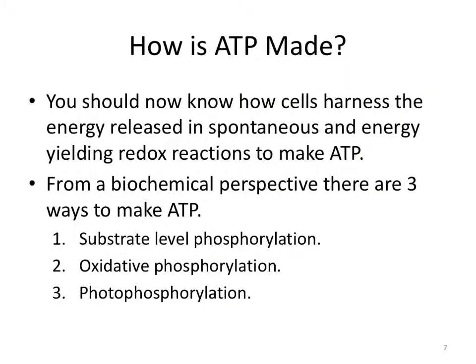You should now know how cells harness the energy released in spontaneous and energy-yielding redox reactions to make ATP. From a biochemical perspective, there are 3 ways to make ATP: substrate-level phosphorylation, oxidative phosphorylation, and photophosphorylation. This last, of course, only occurs in phototrophs. Okay. The first 2 occur in respiratory organisms.